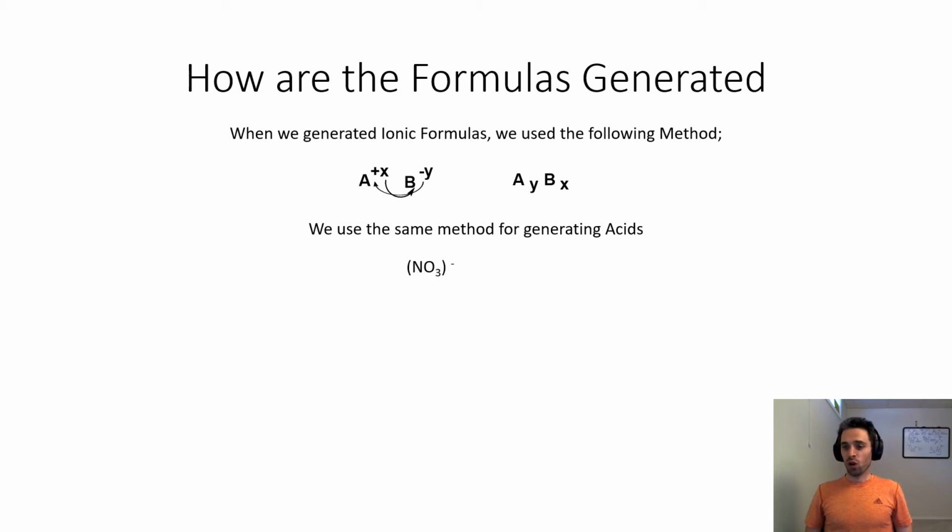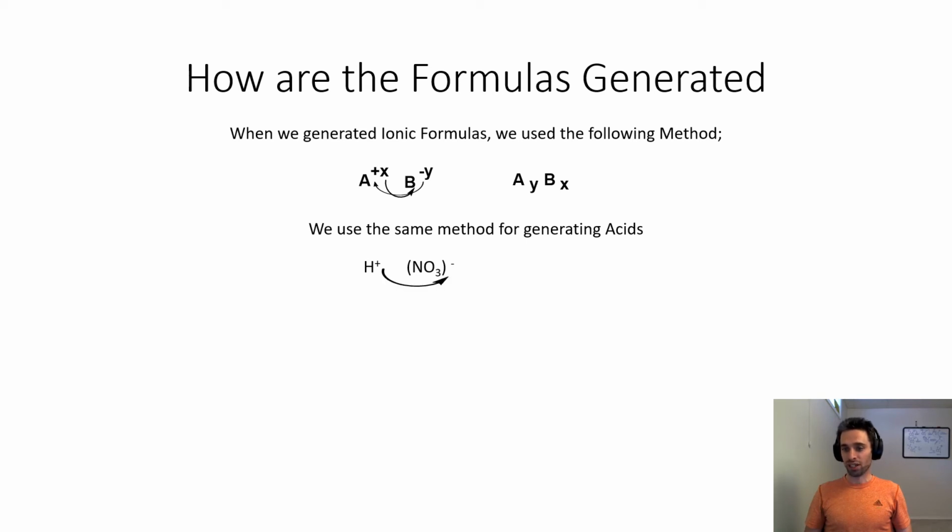If we have NO3, what we'll do to make this easier is put everything except for the charge in parentheses, as I have here. That'll be our B negative y, our anion. Our H plus will be the equivalent to A with our positive charge being the cation, and we actually do the same crisscross method. This seems to trip up students quite a bit, so think about it as we go along in this lecture.